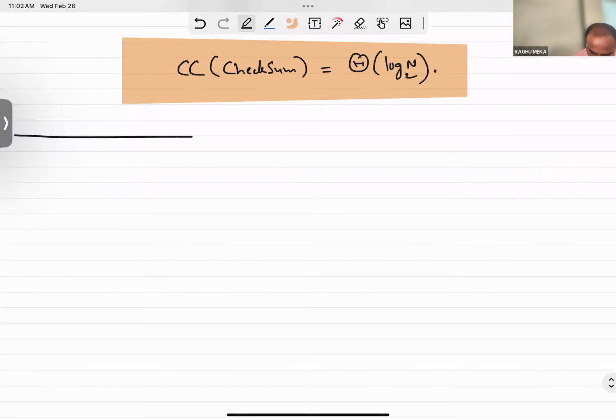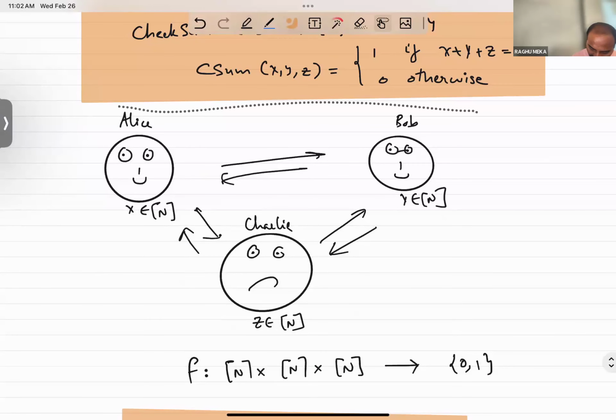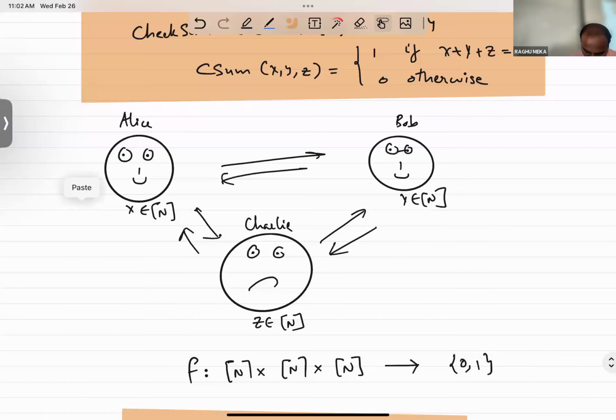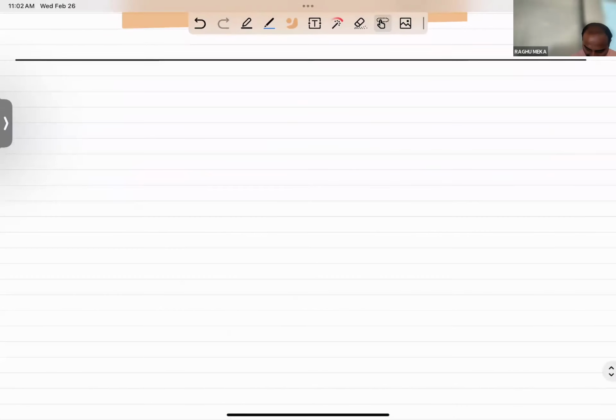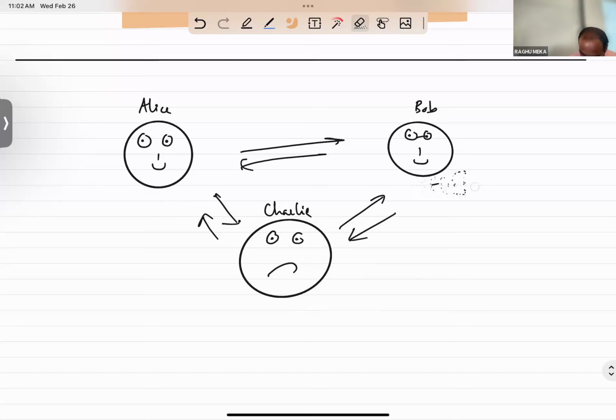But then there is this twist that we're going to throw, and it's a beautiful twist. I'm going to say that the players, instead of having the numbers X, Y, Z as inputs, have their numbers on their forehead.